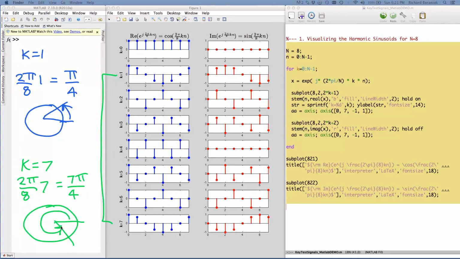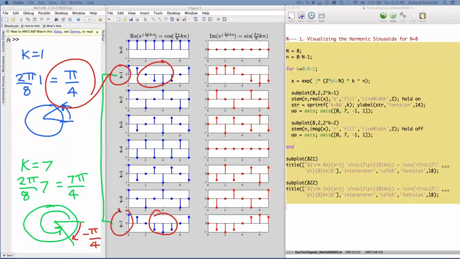There's an alternative way to express this angle 7/4 pi, and that is as negative pi over 4. And now it's no wonder that these two signals look alike, identical in the cosine component, sine flipped in the sine component, because the first signal for k equals 1 corresponds to a frequency of plus pi over 4, whereas k equals 7 corresponds to a frequency of minus pi over 4.